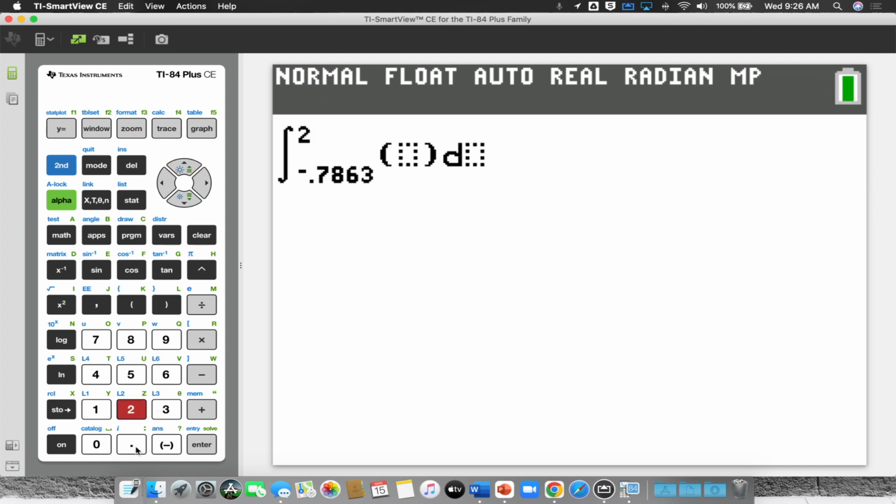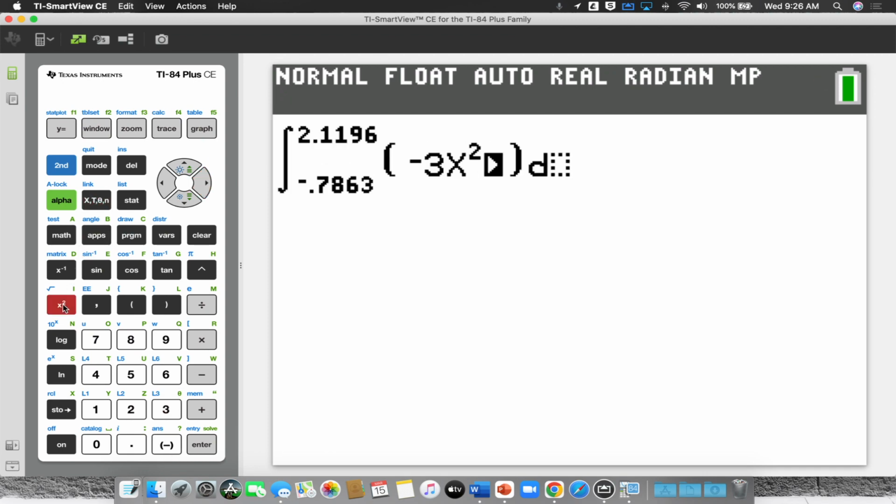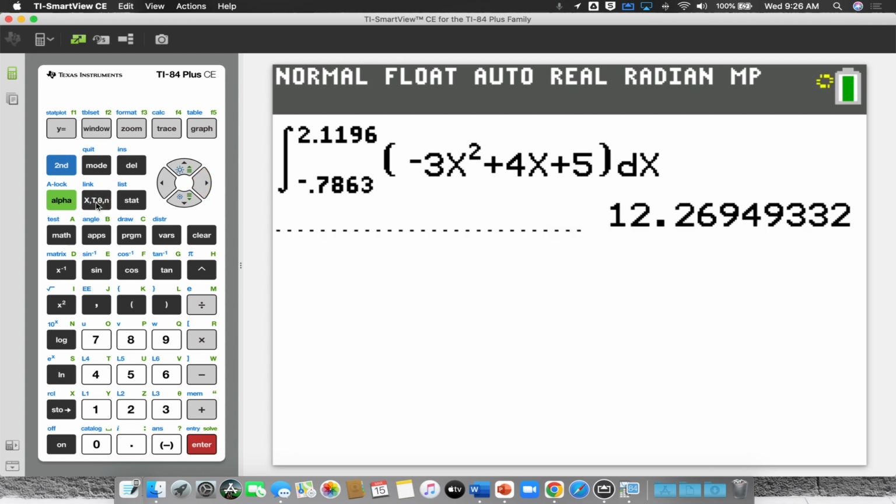Positive 2.1196. Then the function is negative 3x squared plus 4x plus 5 dx.